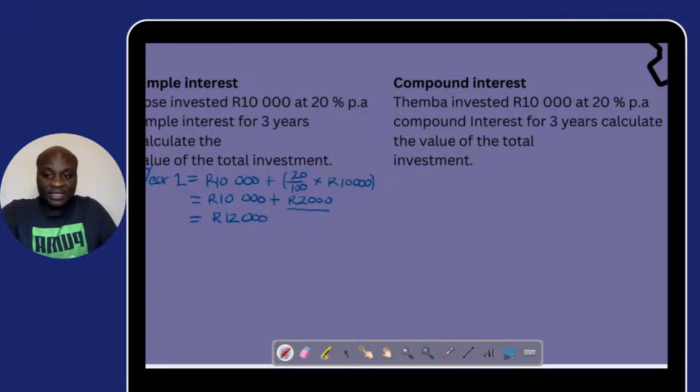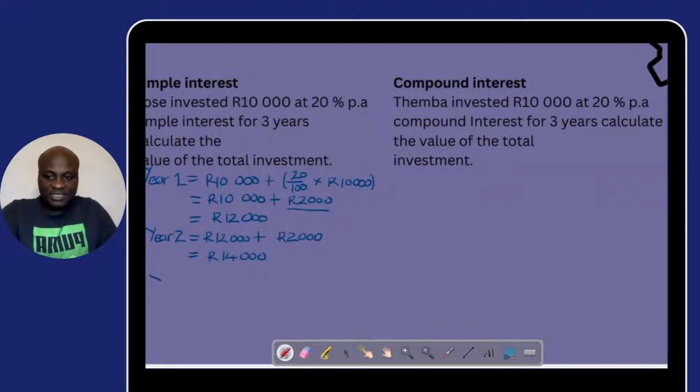And remember, simple interest remains the same for the whole duration of the calculation. Now, in year number two, we say 12,000 plus 2,000. There's no need to do the bracket again because we have found out that our interest is 2,000.